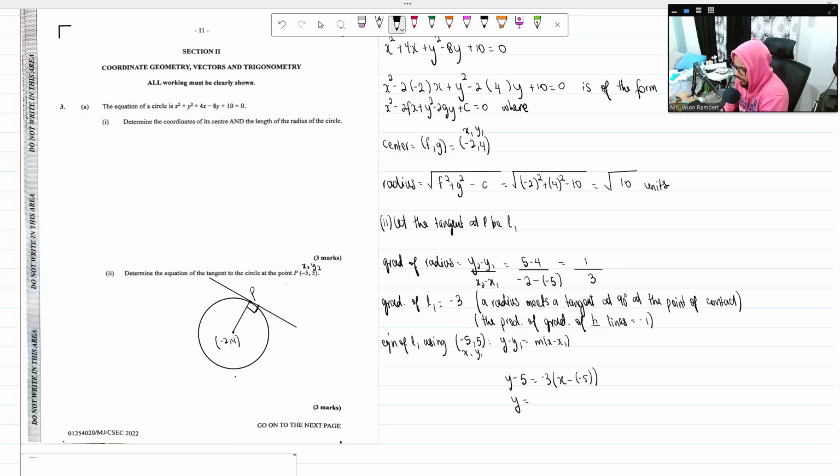So y is equal to minus 3x, 3 minuses, that will be a minus 15, plus 5. y is equal to minus 3x minus 10, is of the form y is equal to mx plus c, where m is my gradient, which is minus 3, and c is my y-intercept, which is equal to minus 10.